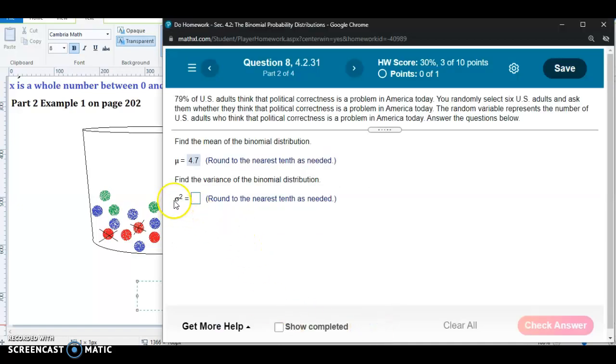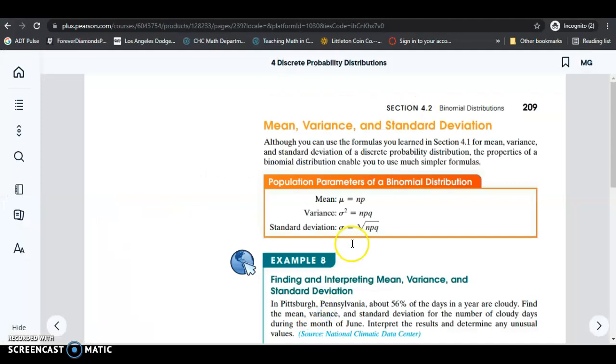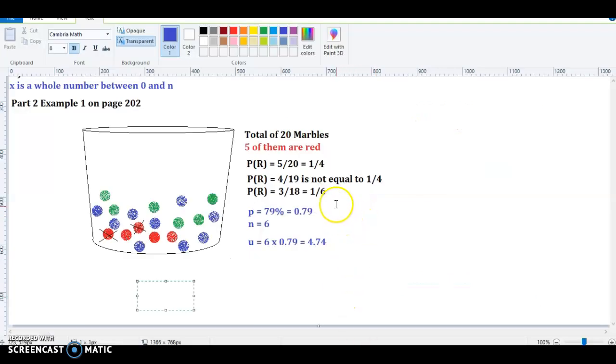Okay, next we want the variance, sigma squared. According to the book, the formula for the variance is n times p times q. Remember, for any binomial distribution, the probability of failure q is equal to 1 minus p. So q, the probability that we get an adult who says that political correctness is not a problem, is 1 minus 0.79.